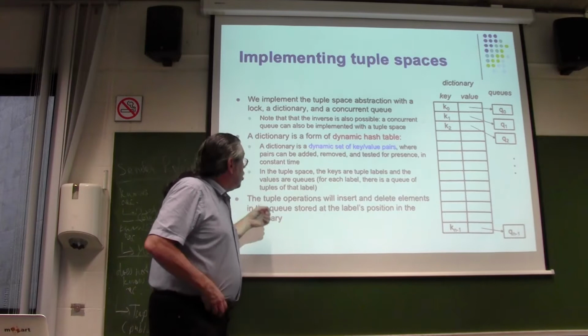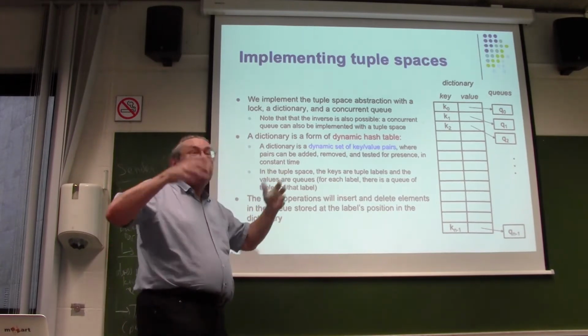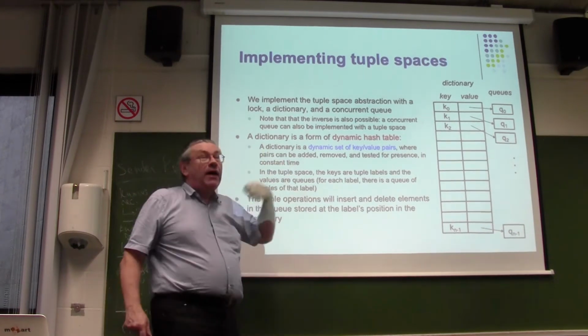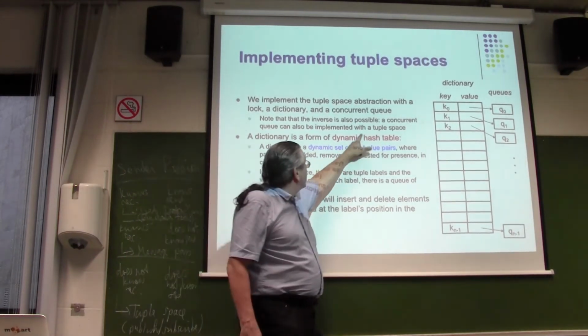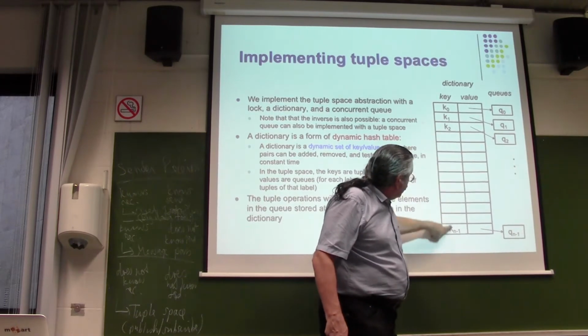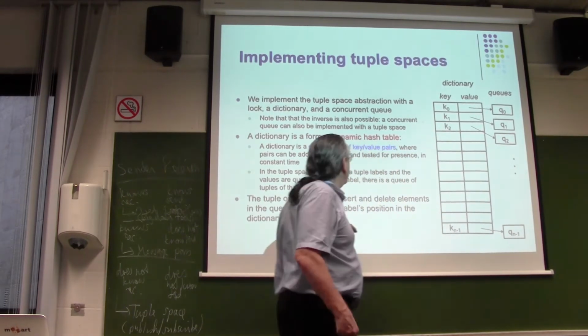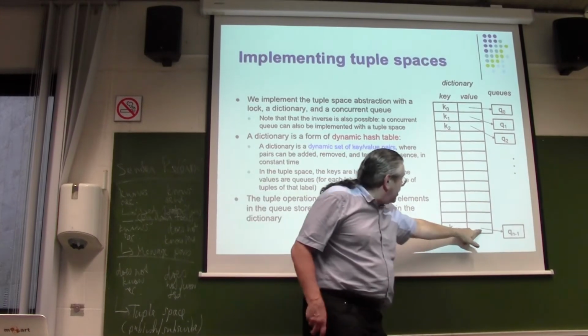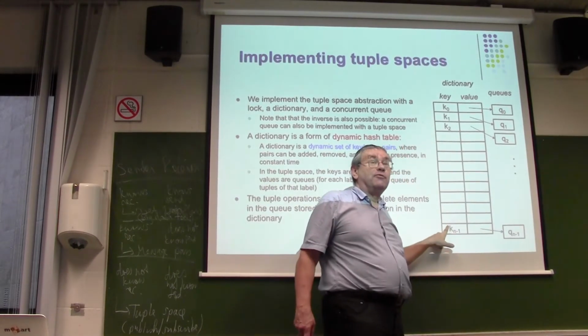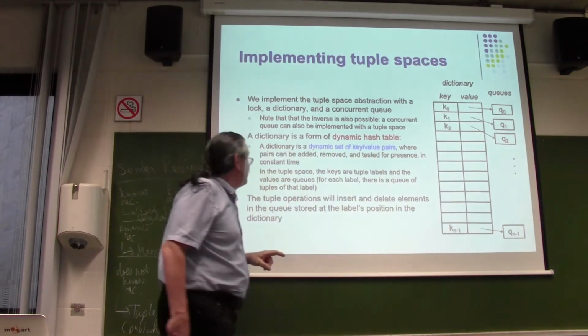And if I put in a new label, foo, that does not exist yet, the dictionary will add that. So it's a dynamic hash table. You can add new keys, and you can also remove keys. So if the queue is empty here, then you do not need this key, and it can be removed. So you can do kind of garbage collection for that.